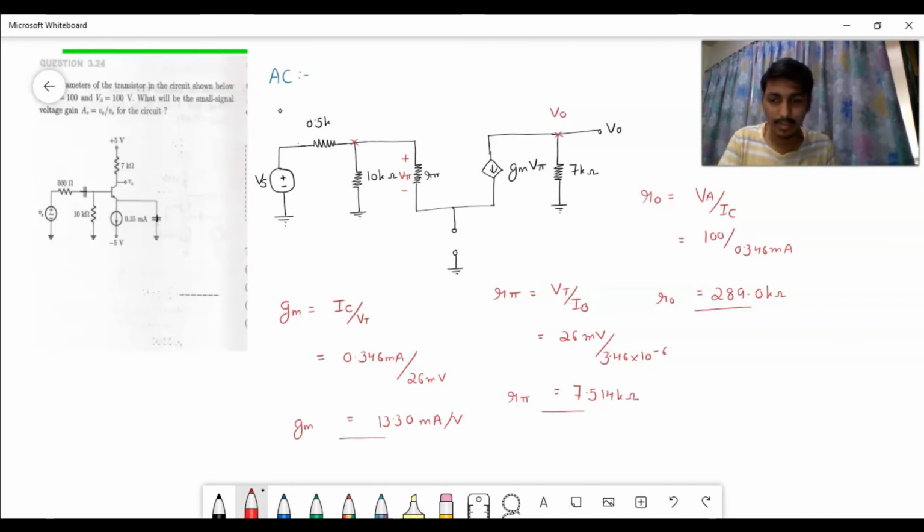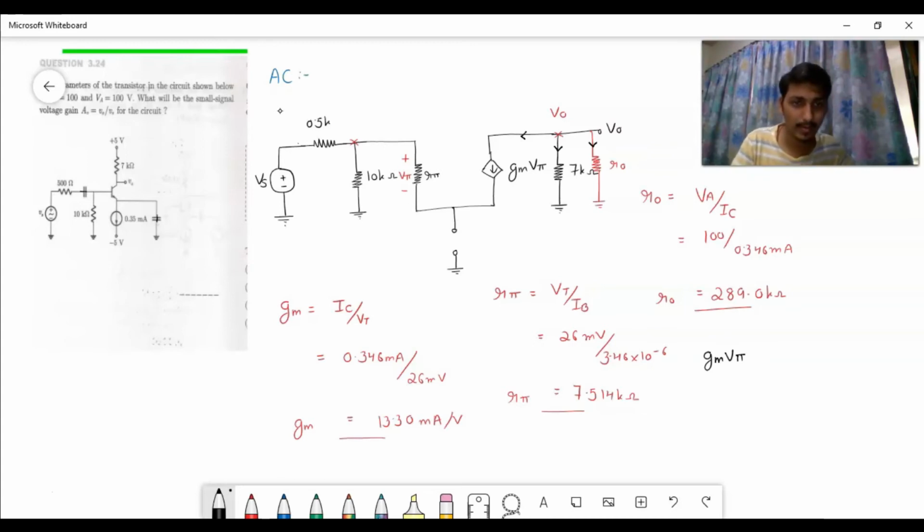We will switch on to this with the new resistor here, that is r0. Okay, so applying KVL loop first for this, we will get V0 equals to minus gm V pi.